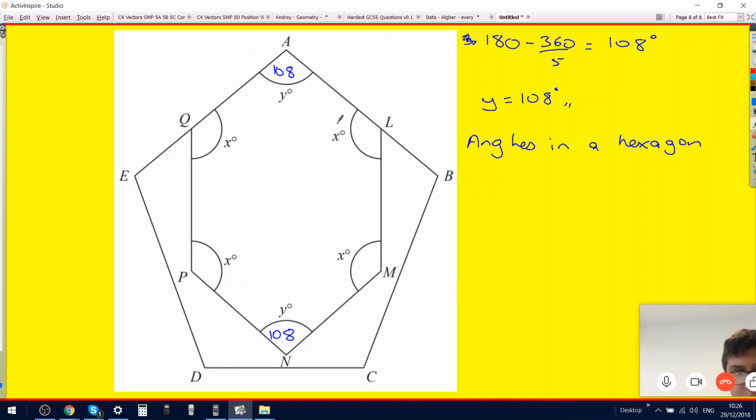No, because it's got x and y. Okay. Sorry, go on. Trying to work this one out.